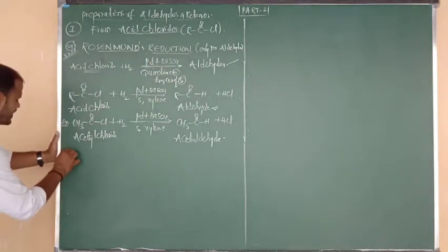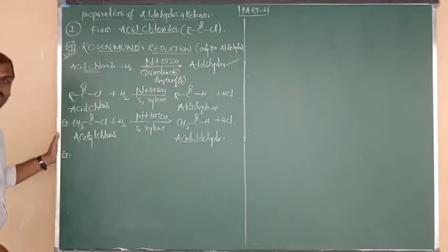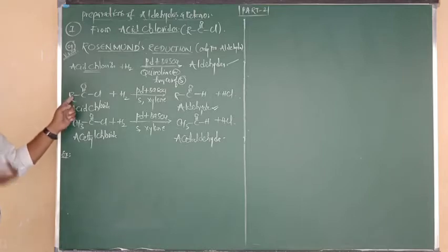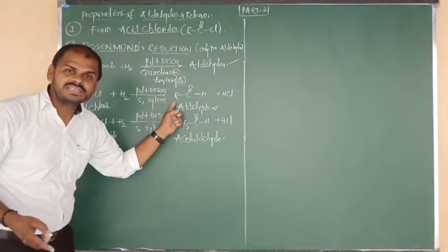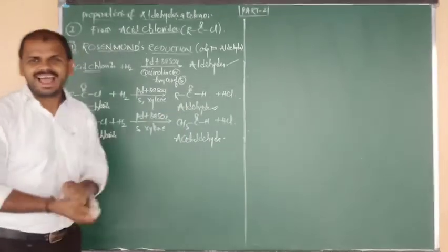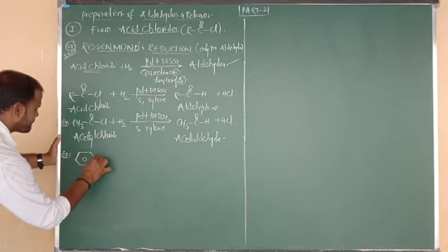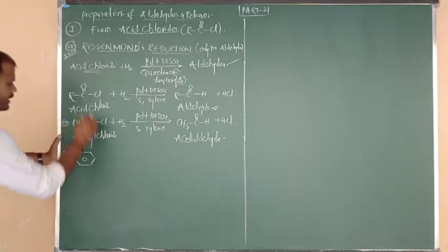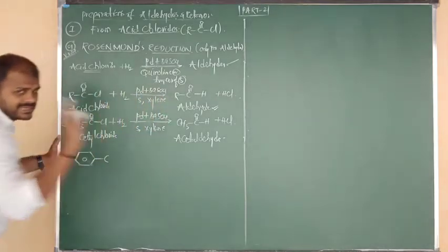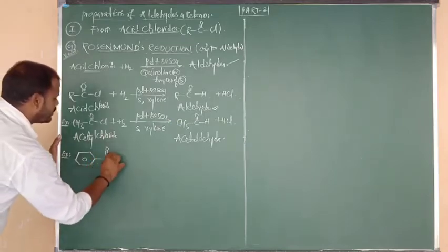Now let me consider another example. In place of R, I want to write benzene, otherwise C6H5. Here also with C6H5, you are getting benzaldehyde. So in the R place, write benzene. Benzene bonded to C double bond O and Cl.